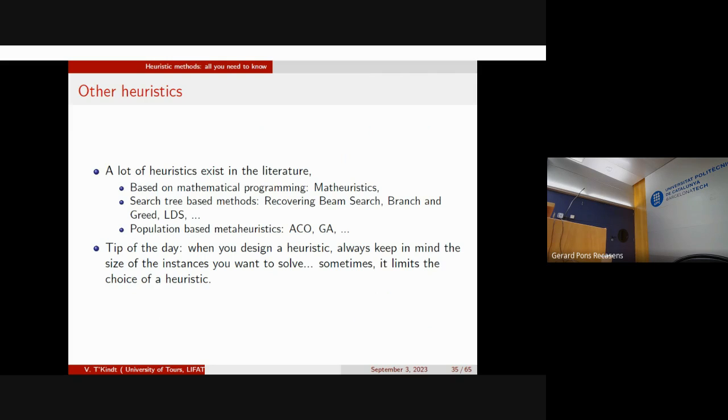But if I have, for instance, a problem in a database with hundreds of millions of items, you can forget about that, forget about everything. And the only heuristics that you may be able to use are greedy heuristics, because they will be the only ones that scale up to your problem. So the size of the instances that you have to deal with is very important in the choice of the heuristic you will use.